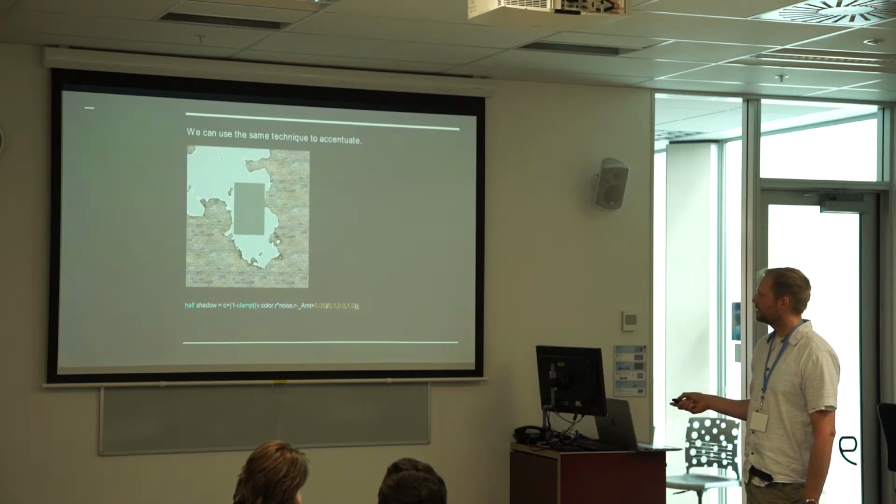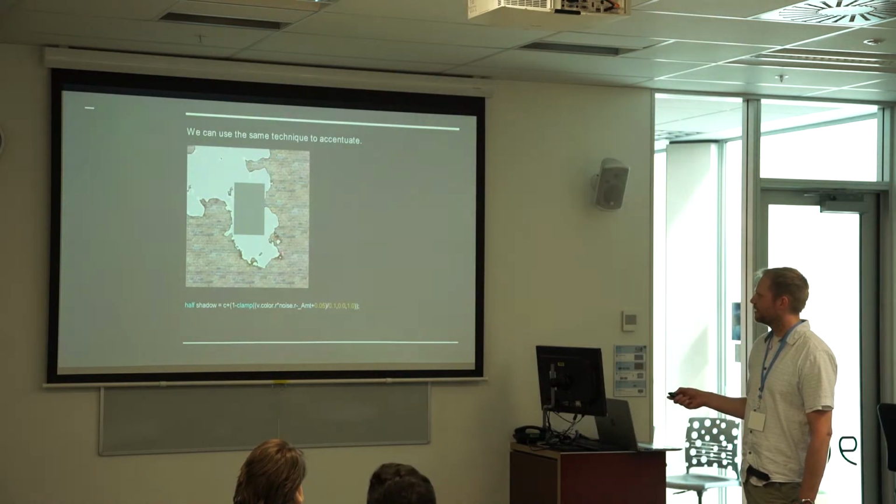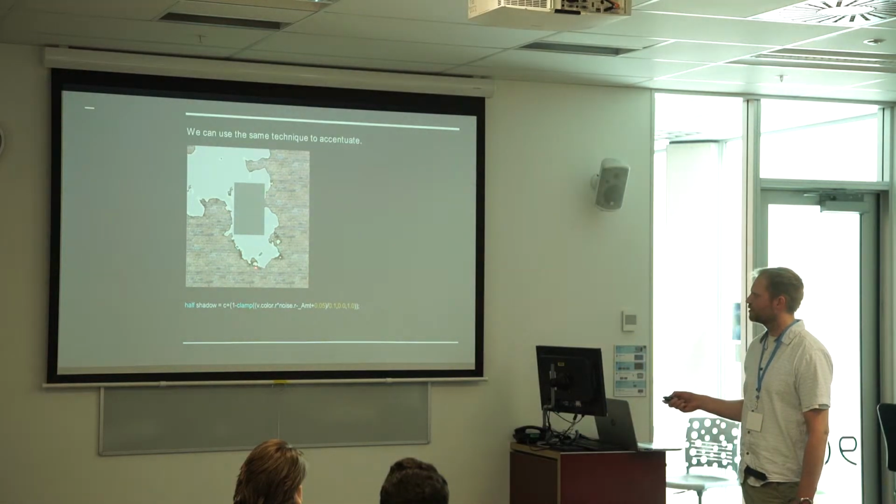And this again is using the same data. I've just added another clamp, multiplied it in, and it's giving me a little highlight and a drop shadow.